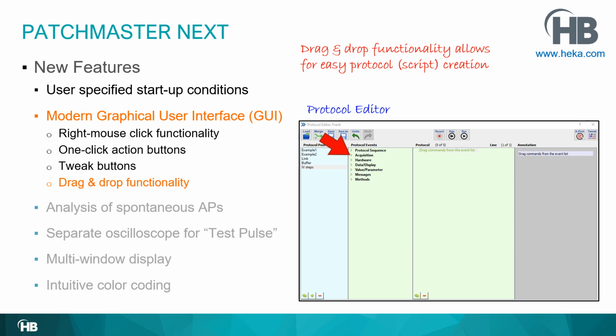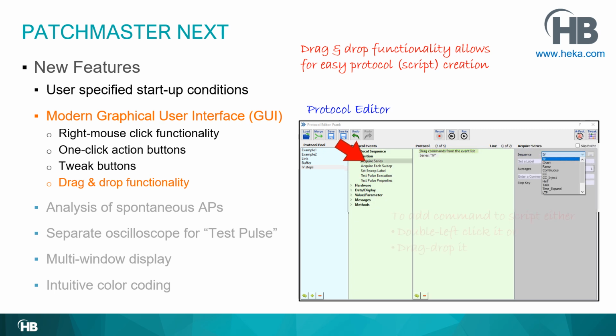So to do this now, I go into the acquisition part, click on acquisition. I go over to the acquire series. And now I double click on the acquire series, which adds that command to the protocol column. And there are these two options now.